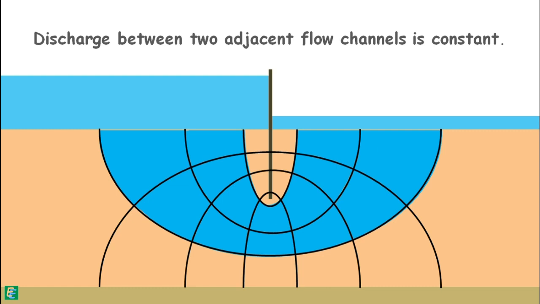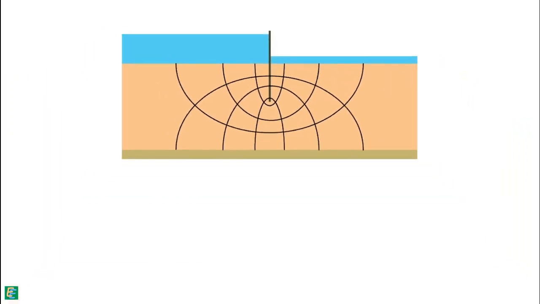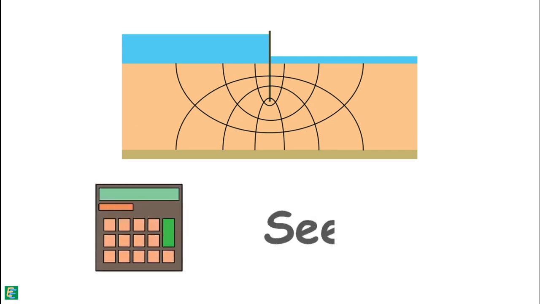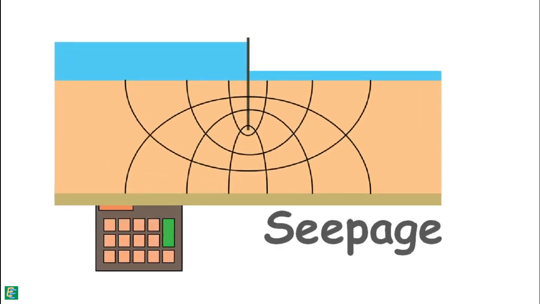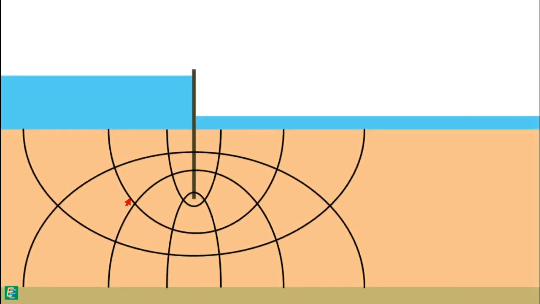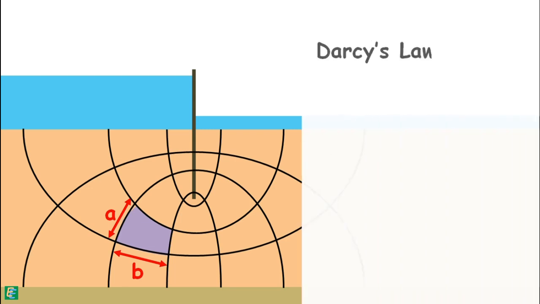Now that we have constructed the flow net, its graphical properties can be used to calculate the seepage through the soil. Let's say the height of this flow field is small a and length is small b. We know from Darcy's law that discharge through the flow field can be written as this.